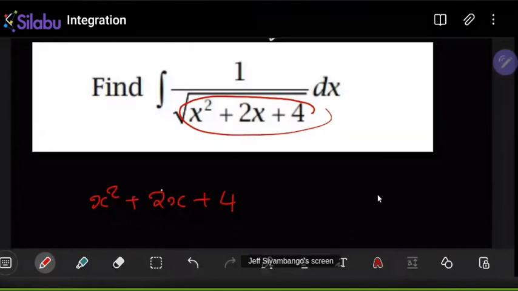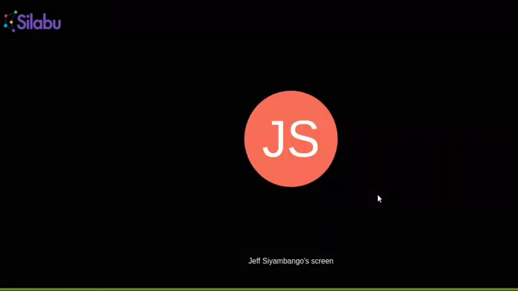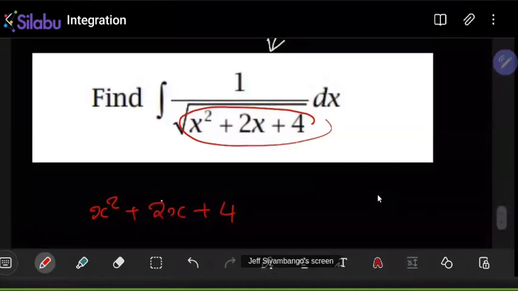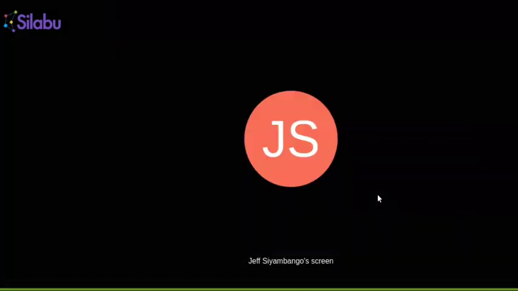There are two devices that I have connected, and they both have my name. So just make sure you have the right one pinned on your screen, because one is sharing, the other one is not sharing. Zumil, are you able to see my screen? Yeah. Okay, so it should work.